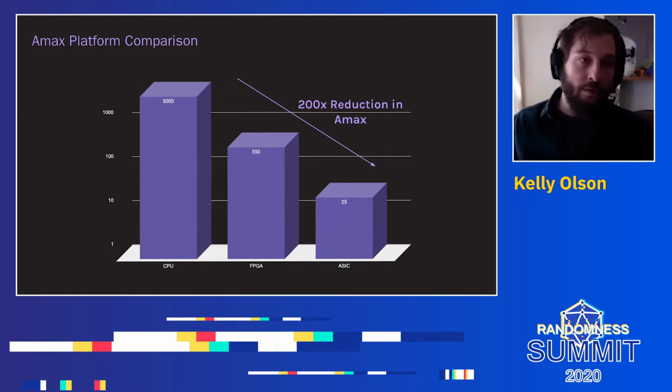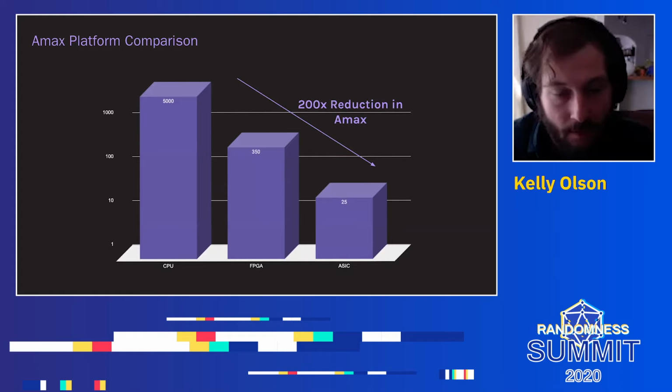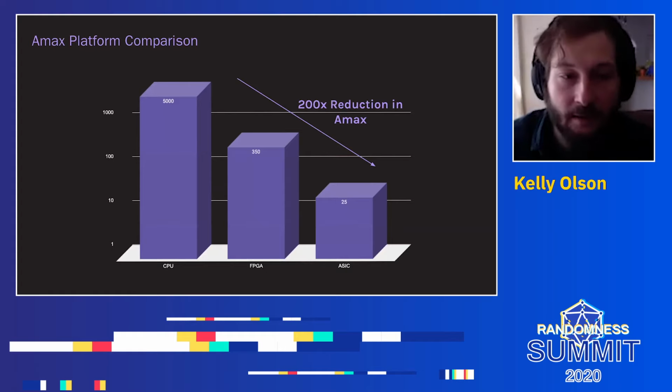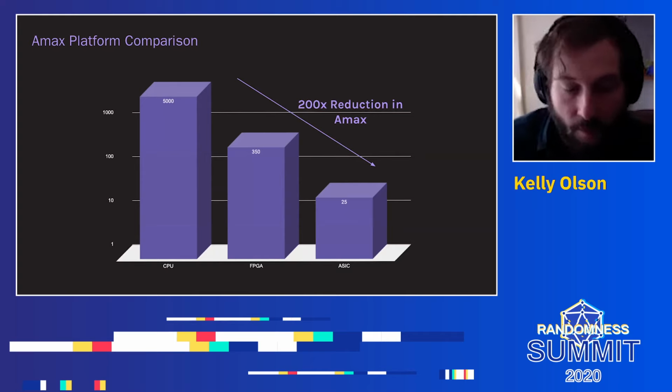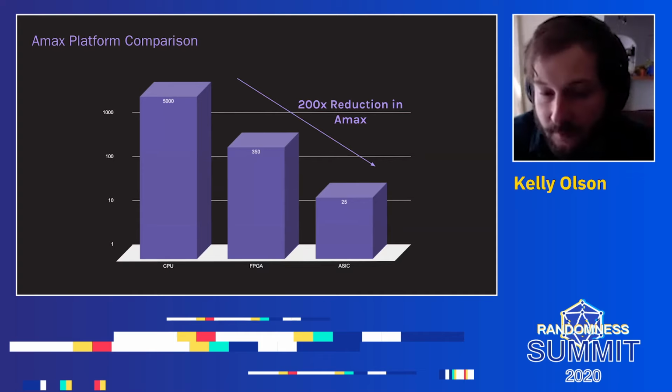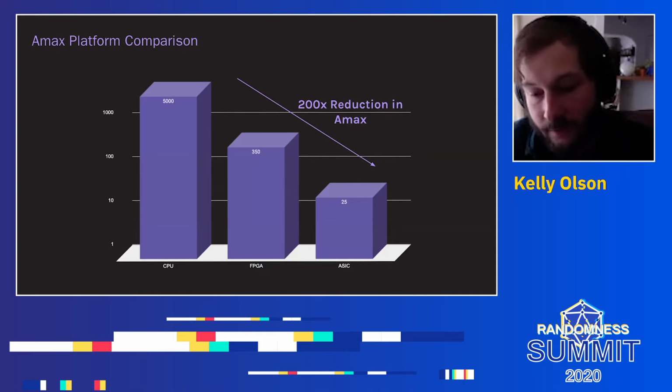Without going deeply into the details of exactly how this is possible, the net takeaway on the evaluator is that we've been able to increase the speed of computing a single 2048-bit modular square from about 1,000 nanoseconds per squaring on a CPU to about 5 nanoseconds on an ASIC.